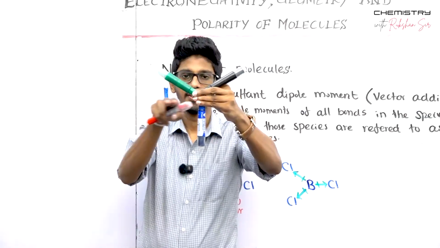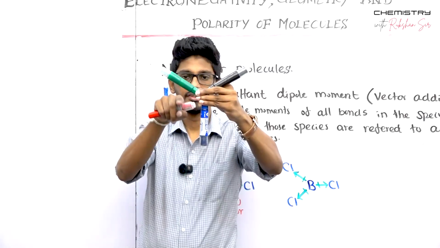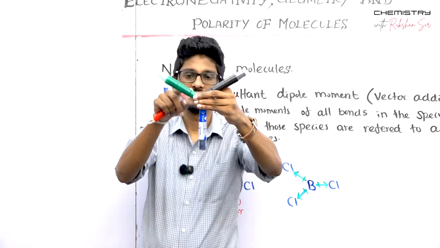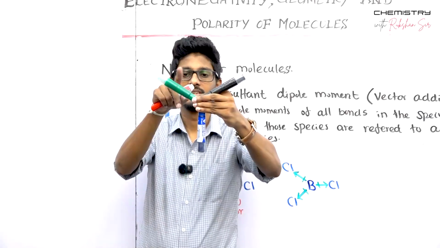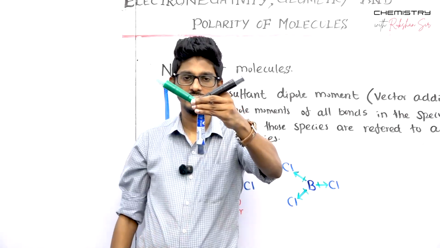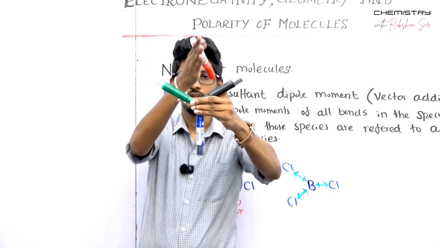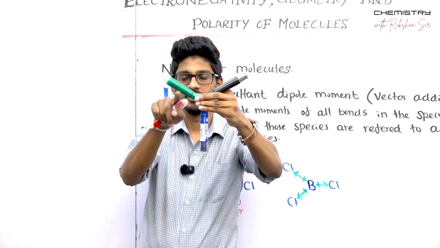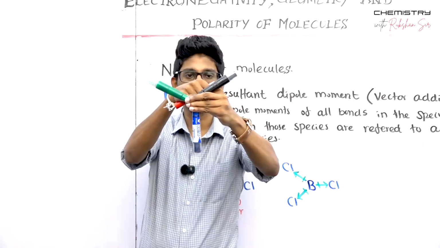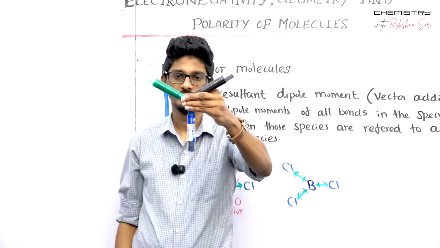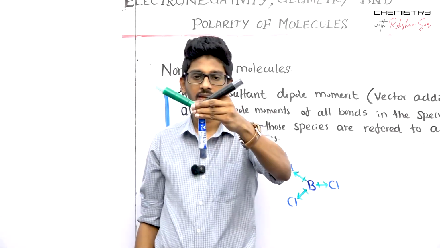So this horizontal resolve, if x is the magnitude, gives you x sine 60. We are dividing the angle into 60 each. So this is x sine 60, and here as well the horizontal resolve will be x sine 60. Those will cancel off.